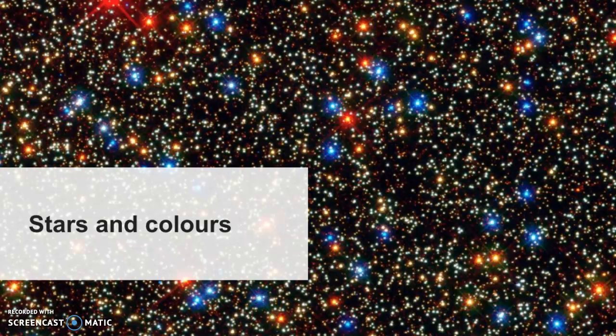Okay, now we're going to look at stars and temperatures. And the first thing we have to think about is that our perception of the night sky is not exactly how it should be. We are subject to a considerable amount of light pollution, unless you're lucky enough to live in places far away from anything else. Living in a city or an urban area, you don't normally see many stars up in the sky.